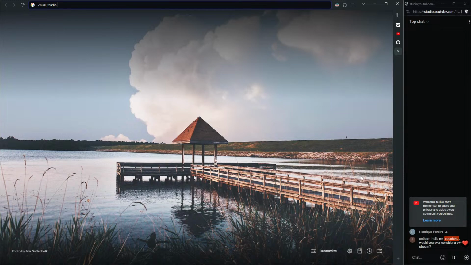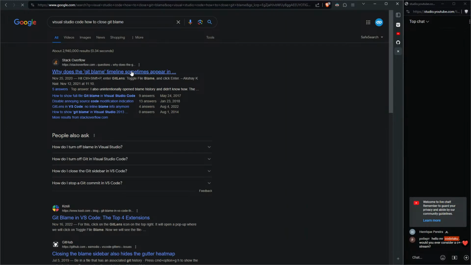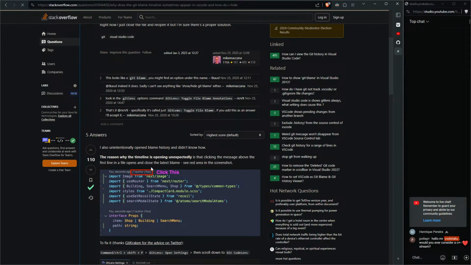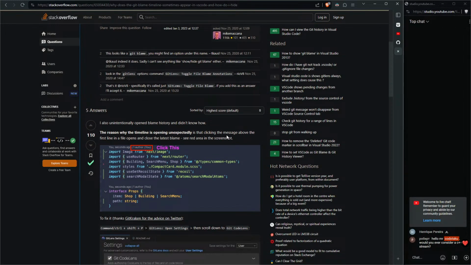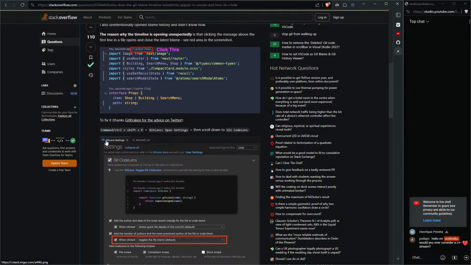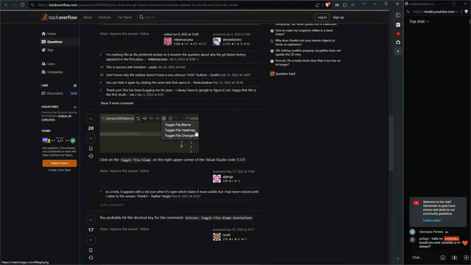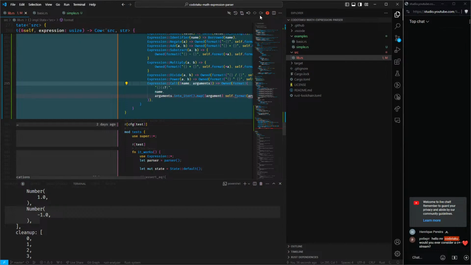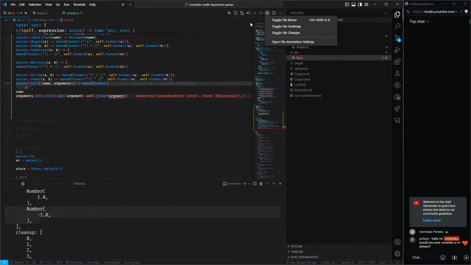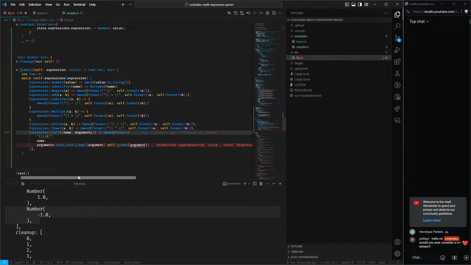Visual Studio Code. How to close. Blame, git blame. Okay, so I just had to click that, interestingly.